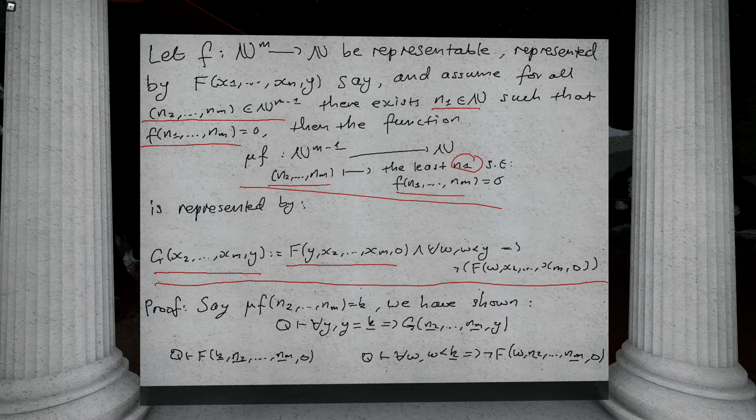So the way that we think about this is that f evaluates, y comma x2 comma up to xm, to 0. So we think about that as f evaluates to 0 on this input.